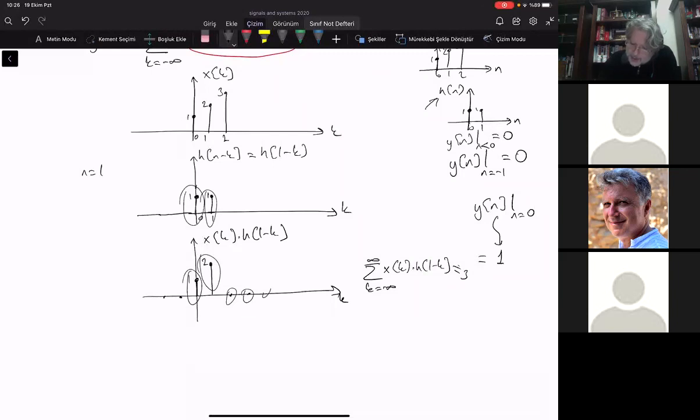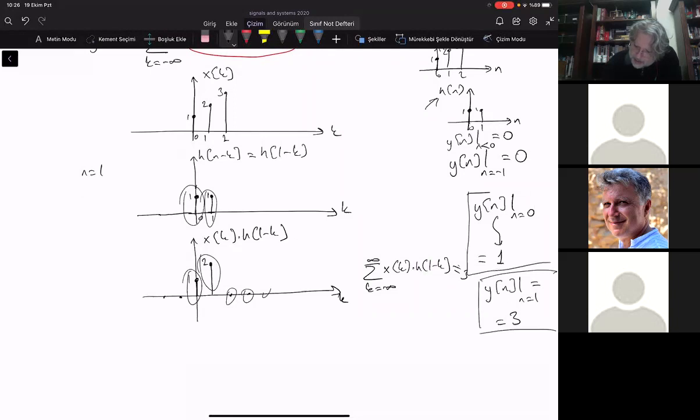So what did we get at this point? We found y of n, oops, not k, so y of n at n is equal to 1 is equal to 3.